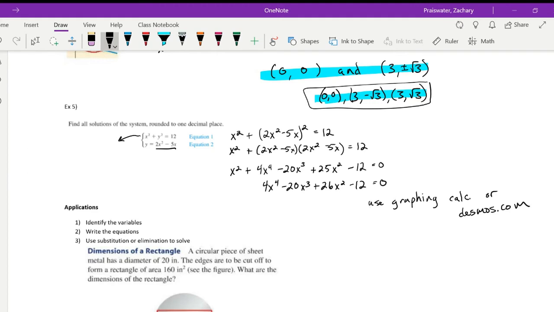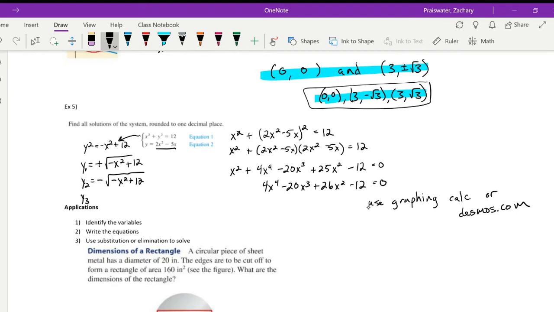So if you get y by itself, you get y squared is equal to negative x squared plus 12. And then when you take the square root, y is equal to plus, so you could enter this in y1, plus the square root of negative x squared plus 12. And then y2 would be minus the square root of negative x squared plus 12. And that would graph your circle in your calculator.